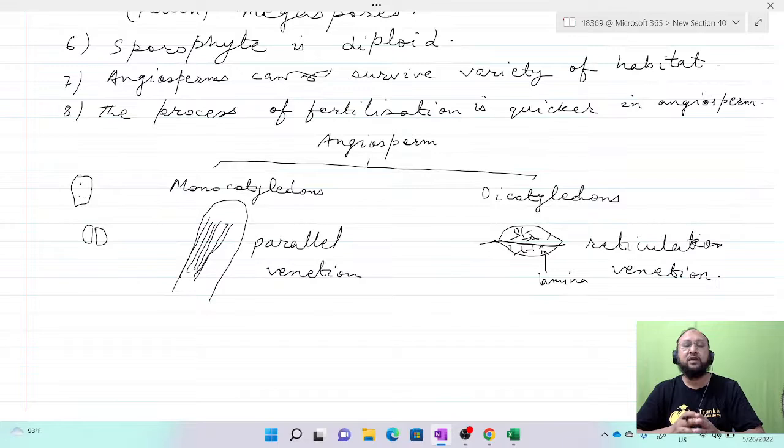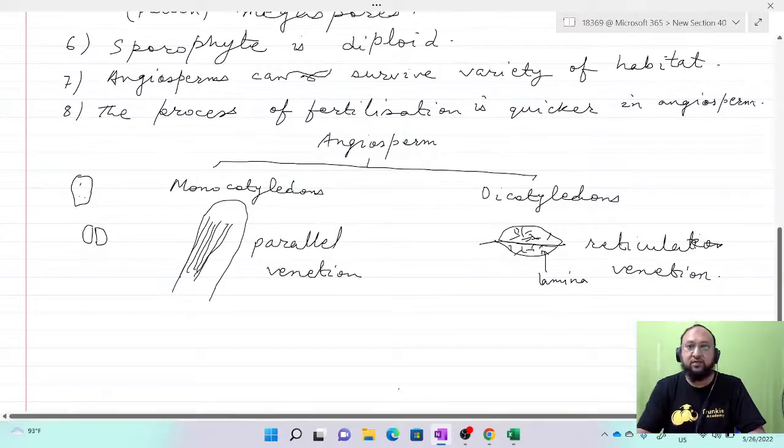Among the different families, the most advanced family is the Asteraceae, previously called Compositae.